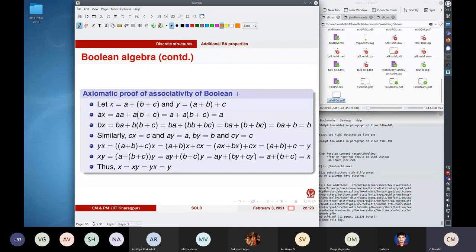So we essentially want to prove that these two expressions are identical. That is what we are achieving finally. We achieved this through some intermediate expressions. We show that ax is a, bx is b, cx is c, and then we show that yx is same as y, and xy is same as x.